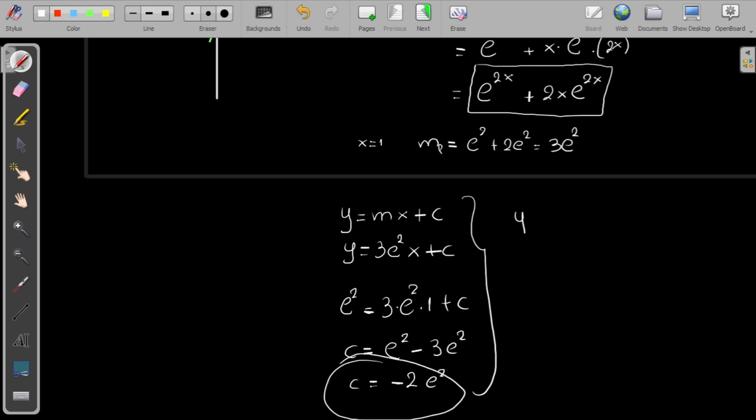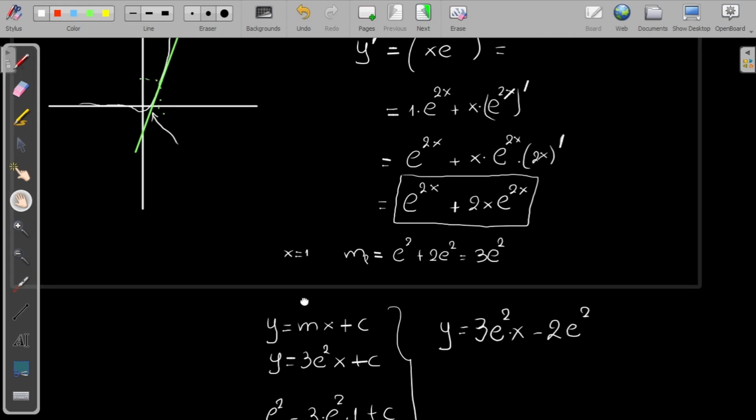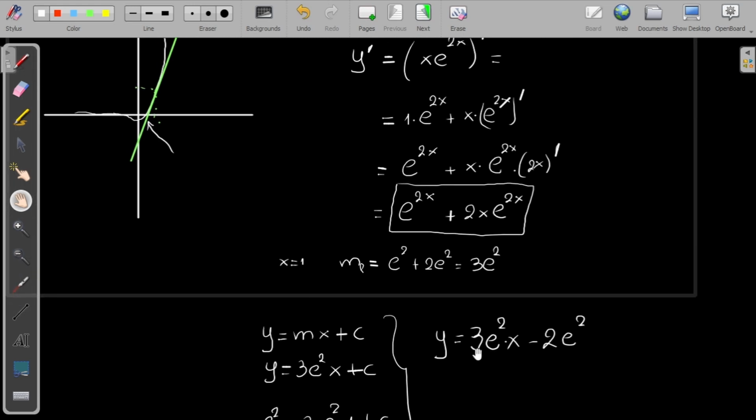So my line is y equals 3e squared times x plus c, which is minus 2e to the power of 2. So now I have my line.